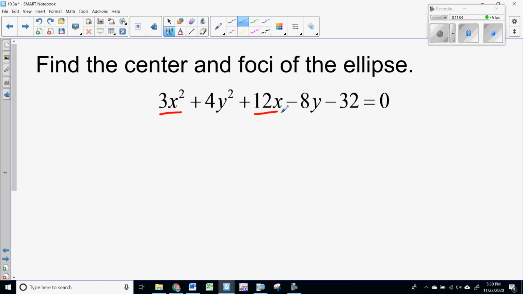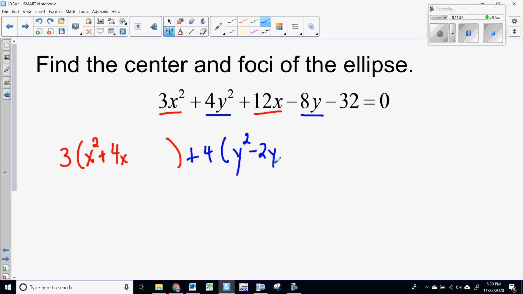If we look at our y's and our x's, I'm going to factor them in one step. With the x's, I can take out a 3, and I get x squared plus 4x. For the y's, I can take out a 4, and I get y squared minus 2y. And I'm going to take the 32 and put it on the other side.